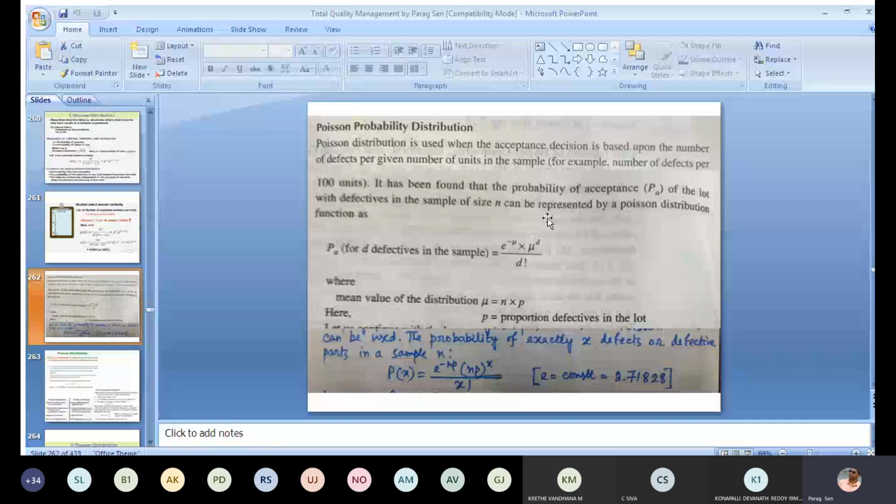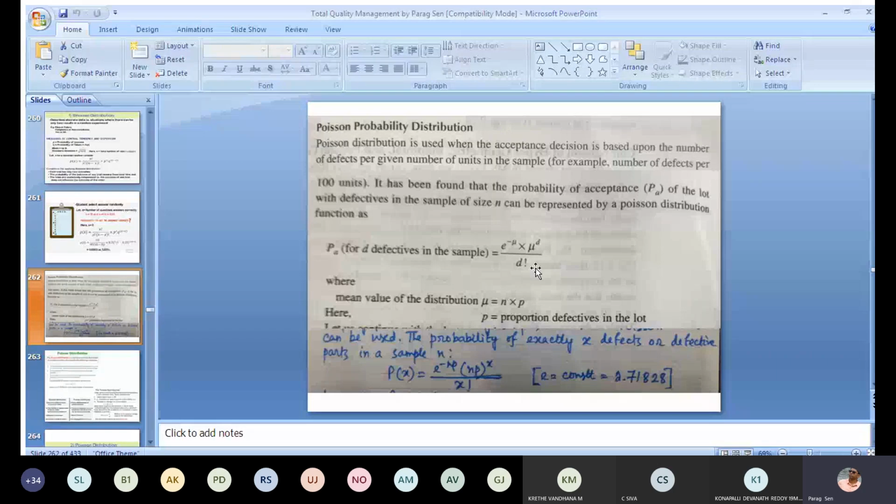Typically you will ask how they find this curve. Here d means the number of defectives, but it is equivalent to the acceptance number. So in place of d, we will put A or C, the acceptance number.